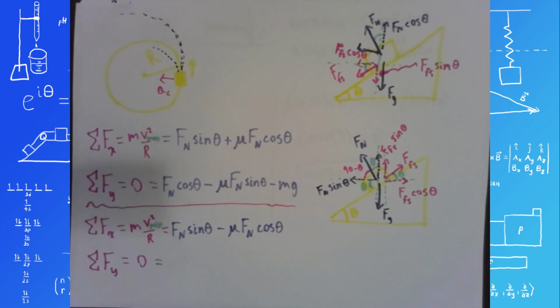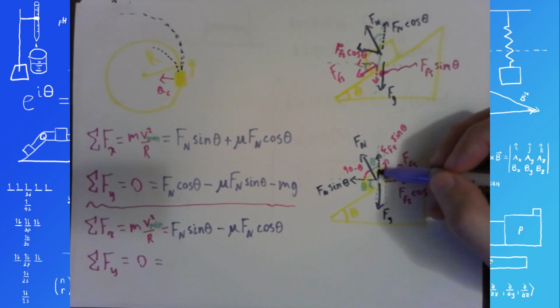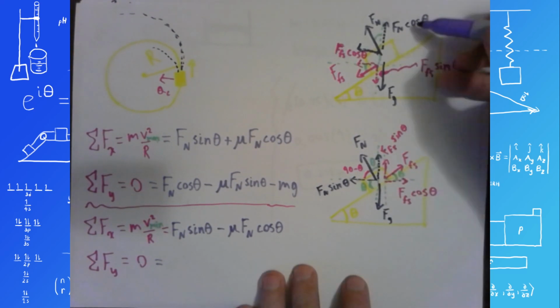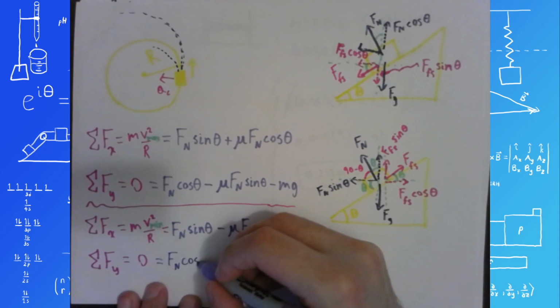Okay, vertically, we still want everything vertically to cancel out, so forces up minus forces down. Upward, we've got normal force cosine theta pointing up, same as before so far.